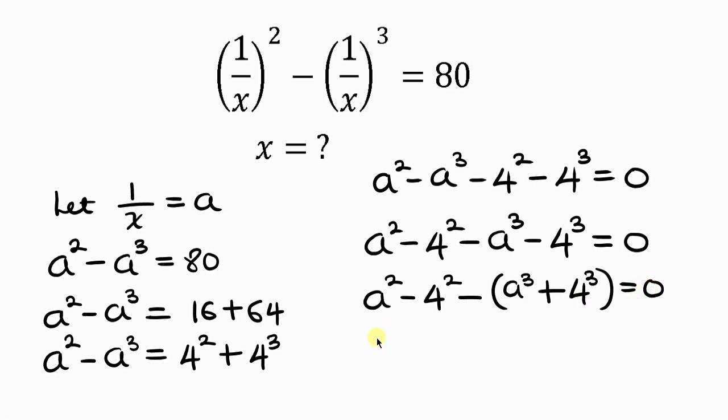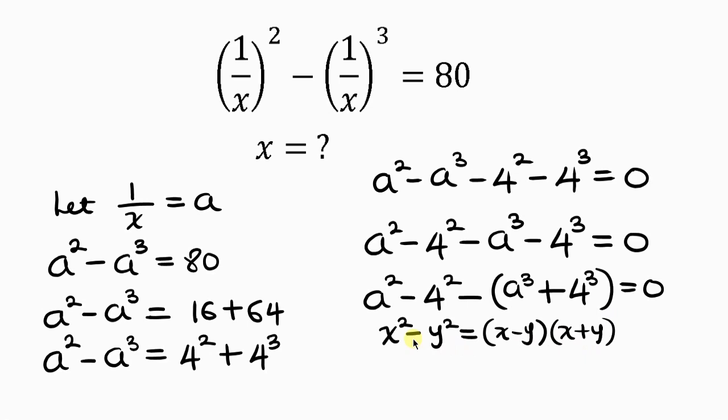So we have two properties. We have the difference of two squares and we have the sum of two cubes. So for a property of difference of two squares, we have, for example, when I have x squared minus y squared, this is the same as x minus y times x plus y.